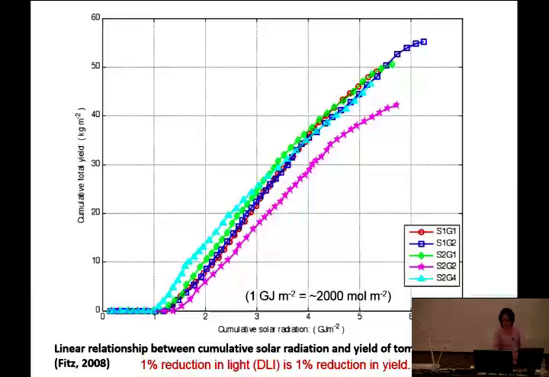And then this is a gigajoule, so it's a much longer period. So 1 gigajoule is probably, I would say, 3 months or so, depending on the season. But you can see that linearity. And 1 gigajoule per square meter cumulative solar radiation is about 2,000 moles per square meter.